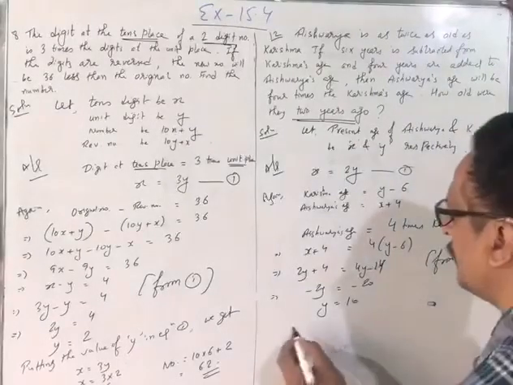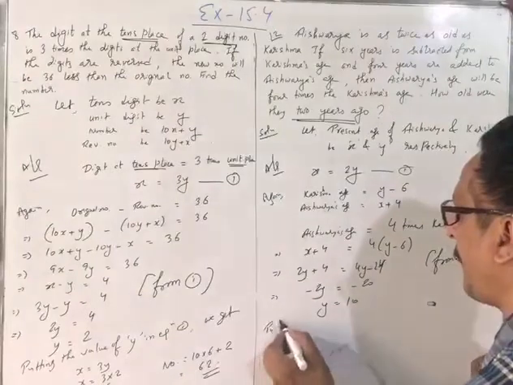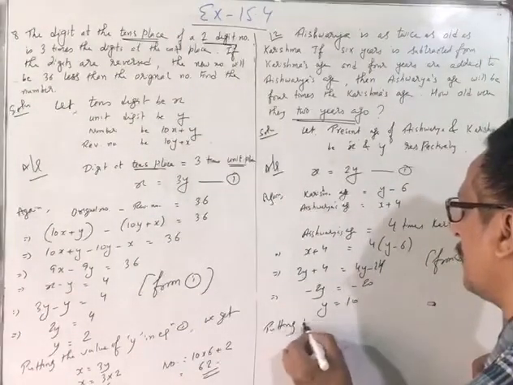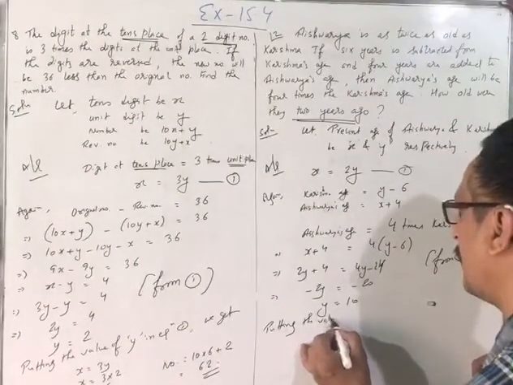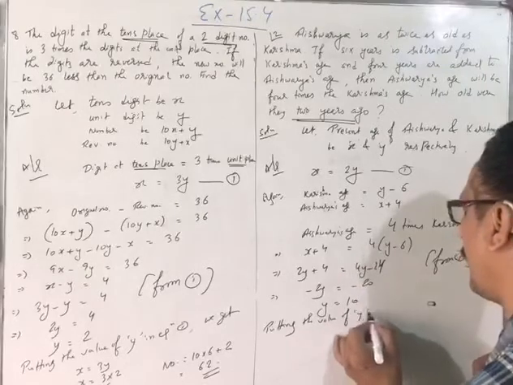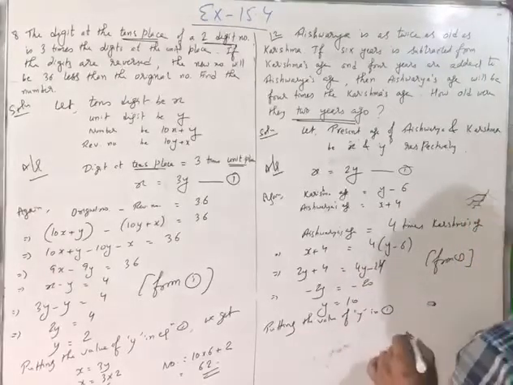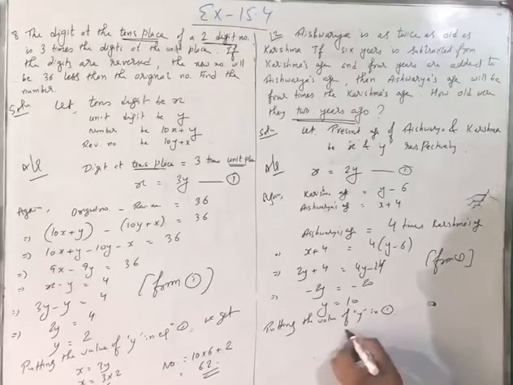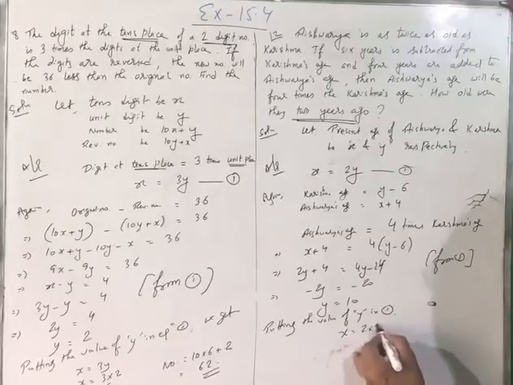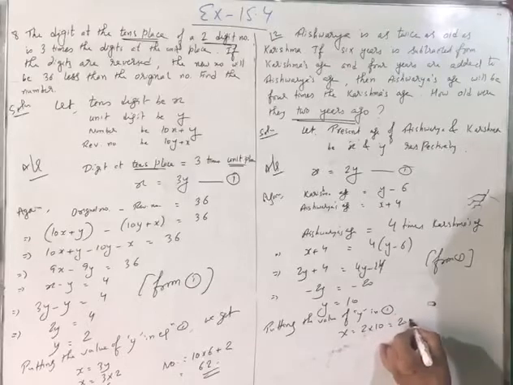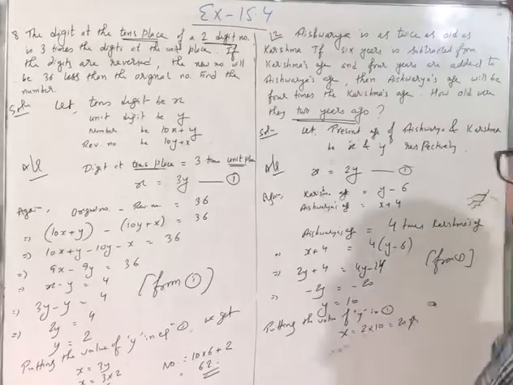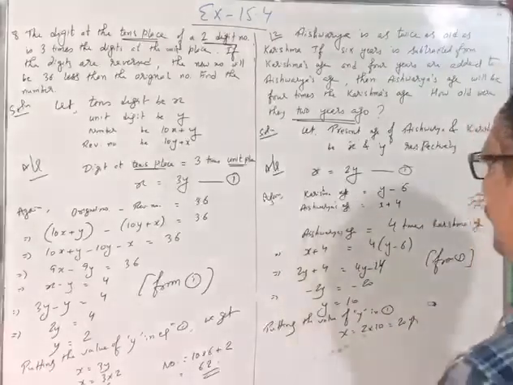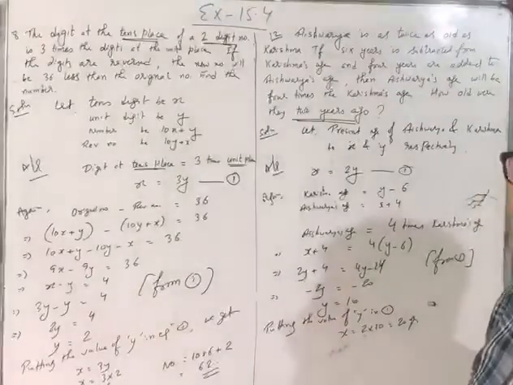Putting the value of y in equation 1, x equals 2 into 10, which means 20 years. So this is the present age of Karishma and Aishwarya.